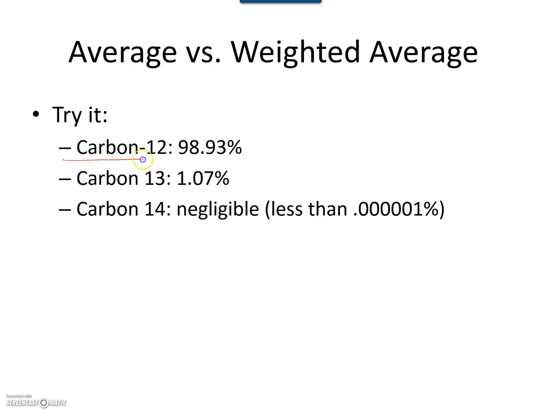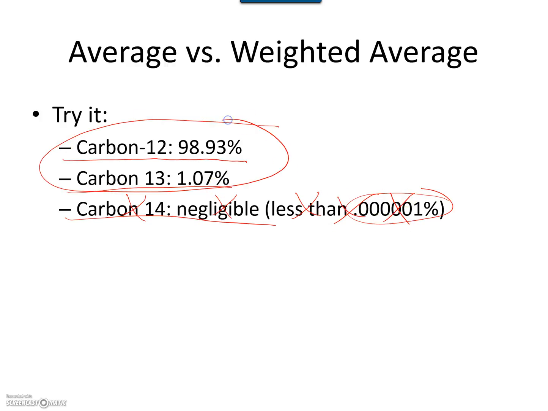All right. So we're going to do a practice. Here are our 3 isotopes, carbon 12, carbon 13, and carbon 14. It says right here carbon 14 is negligible because it's less than even a fraction of a percent, too small to really make a difference at the level we're working at. When something is negligible, that means we get to disregard it. So we're only going to use carbon 12 and carbon 13.